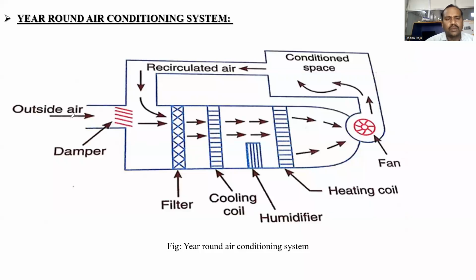The components present in a year-round air conditioning system are the damper, then a filter, cooling coil, followed by heating coil, then humidifier, then perforated membrane.